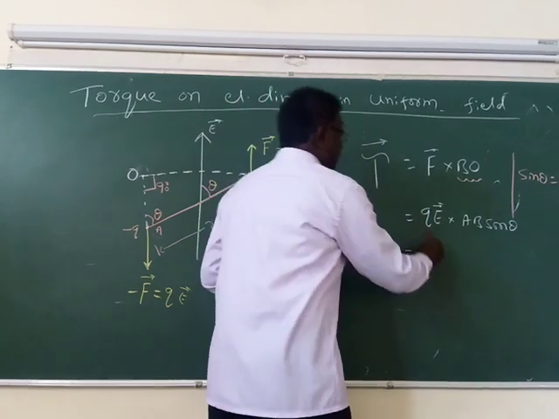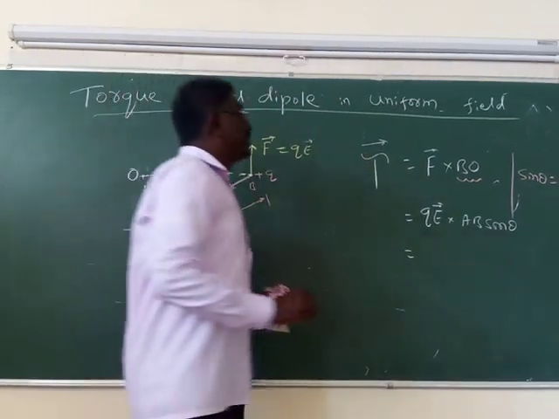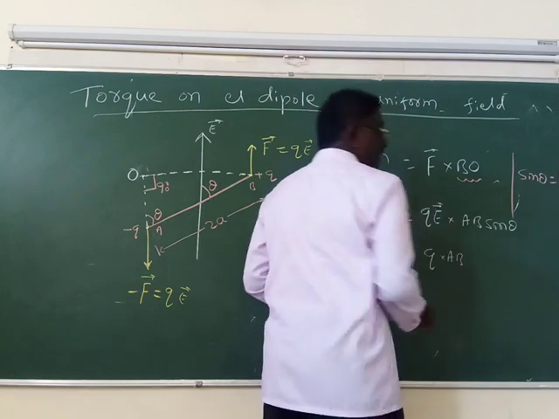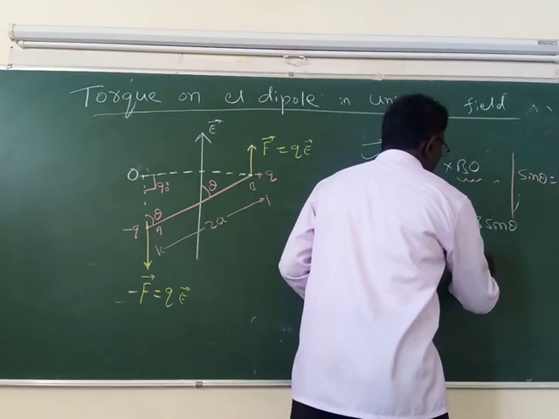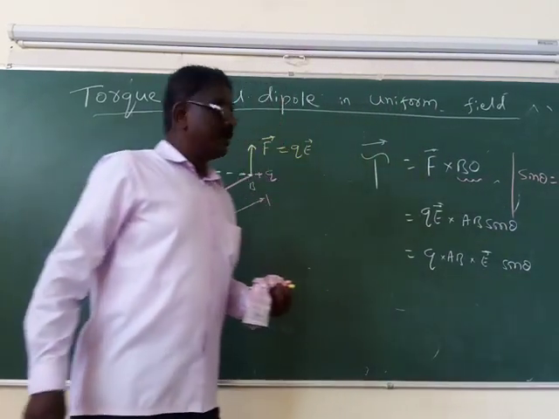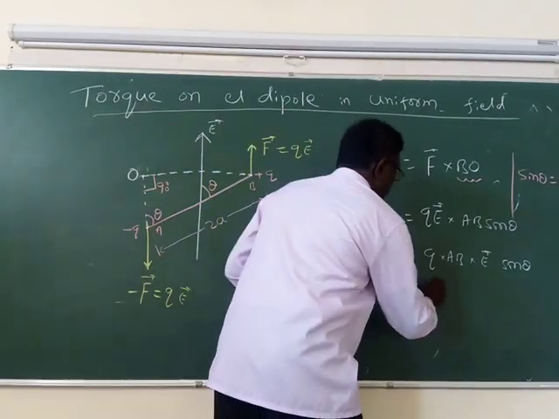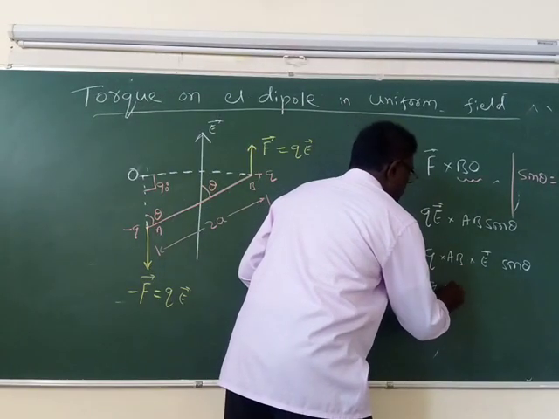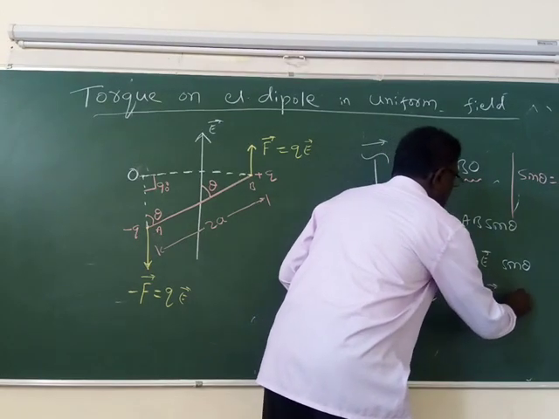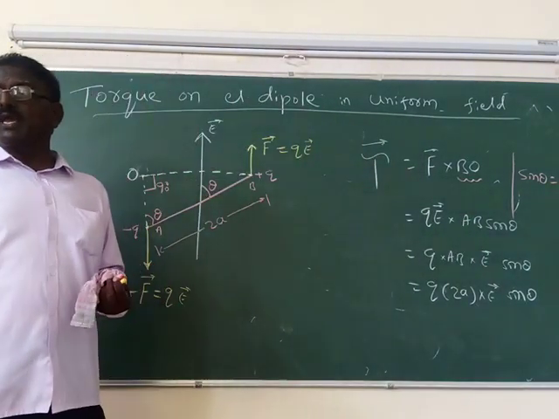Now, it can be written as Q into AB into E sin theta. AB equals dipole length 2A. What is Q into 2A?